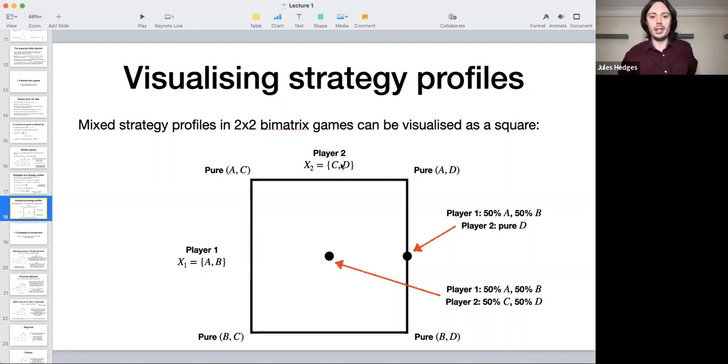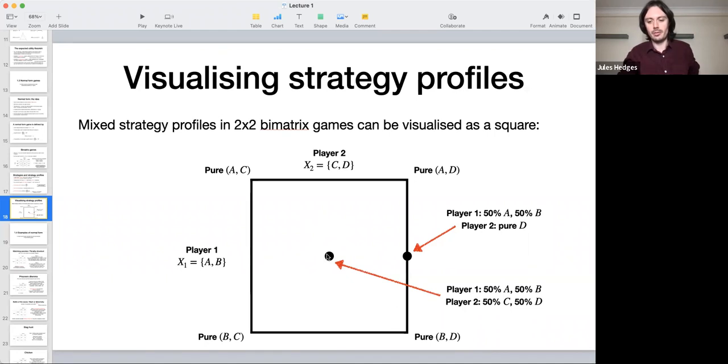The set of all of the mixed strategy profiles for this game, you can visualize as a square like this. So along this axis, we have the probability distribution for player 1 with 100% A here, 100% B here. And along this axis, you have the distribution for player 2 with 100% C here, 100% D here. And so for any point in the middle, you can project it onto the two axes to read off what the probabilities are for the two players' moves.